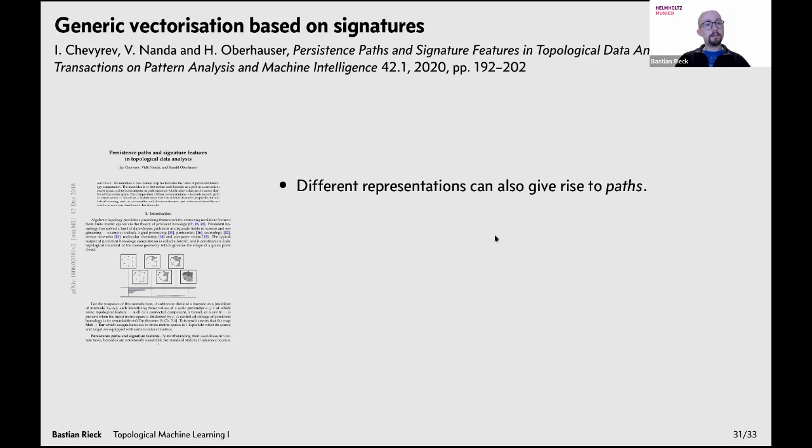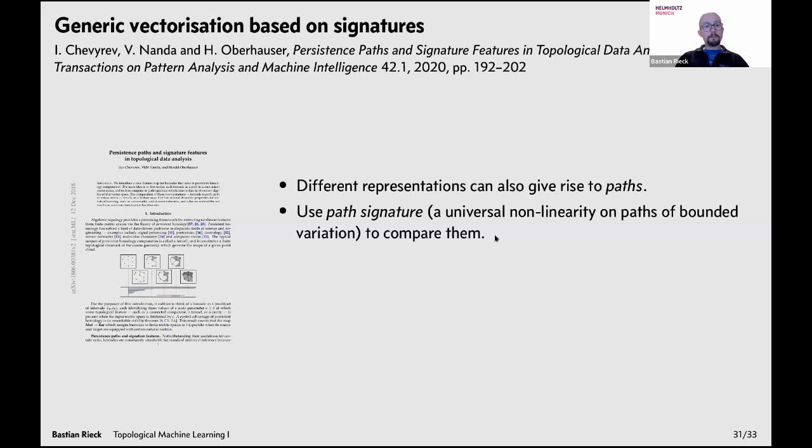Now, we can do even more. My colleagues Ilya, Vidit and Harald have a nice paper on a vectorization strategy based on path signatures. There's a way to associate different paths in a diagram to a given descriptor. Then you can use the so-called path signature, which is a very abstract name for a very precise concept.